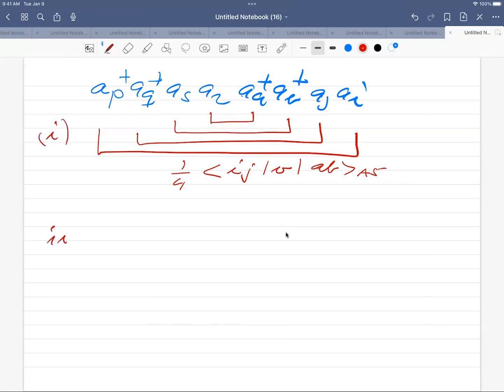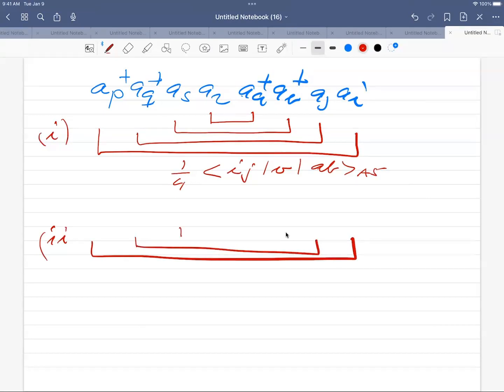If I take the next one, I'm going to keep the two hole lines like that, and then I have this one, so they are the same. But then I'm going to take S to A, and R to B. Now, in this specific process, I have to permute the operators.